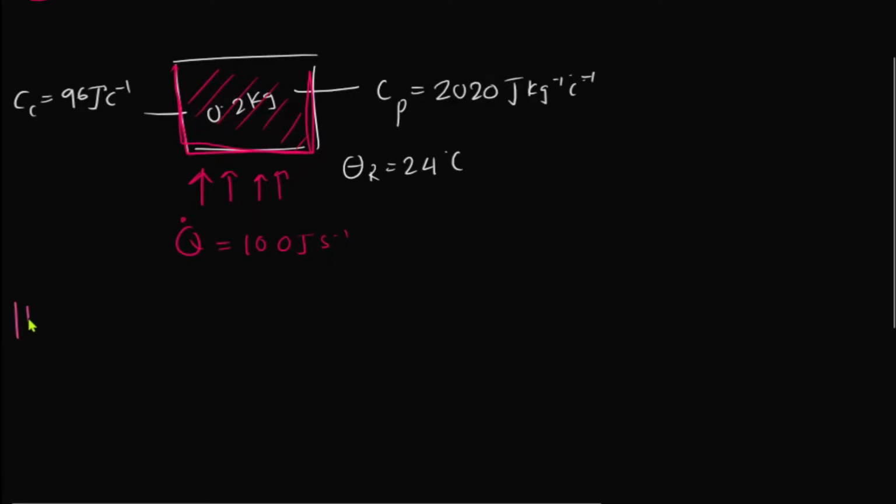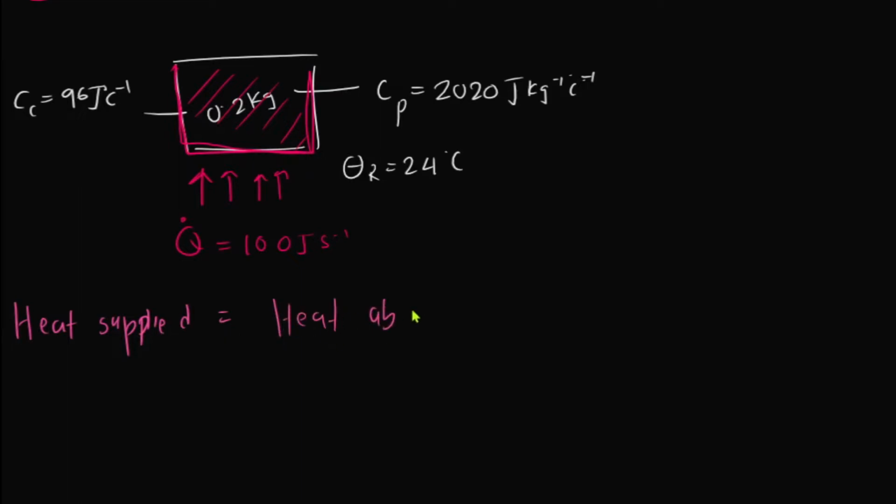Heat supplied equals heat absorbed by calorimeter plus paraffin. These are the two that are going to absorb the heat that is applied.